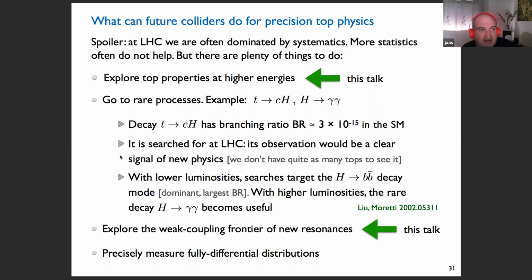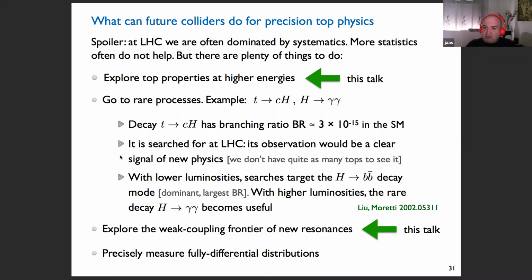At the LHC, we are often dominated by systematics because we have quite a lot of data, and just adding more statistics often does not help. But with future colliders like high luminosity LHC and so on, there are many different things that you can do besides accumulating statistics and repeating what you did.